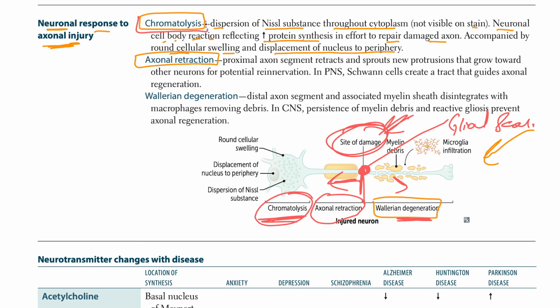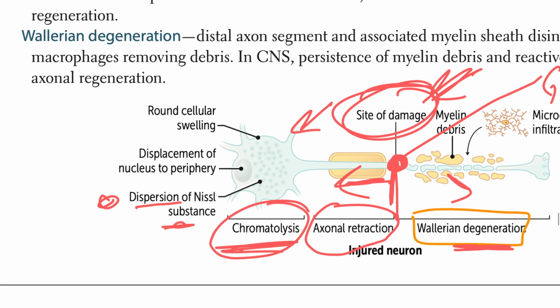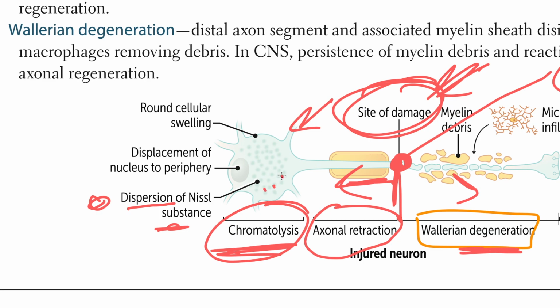What was chromatolysis? Chromatolysis is the dispersion of the Nissl substance. Look at here, let's zoom in. You have dispersion of this Nissl substance, displacement of the nucleus to the periphery, and round cellular swelling.